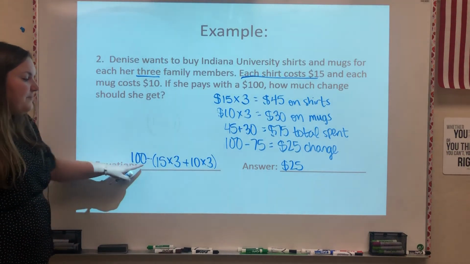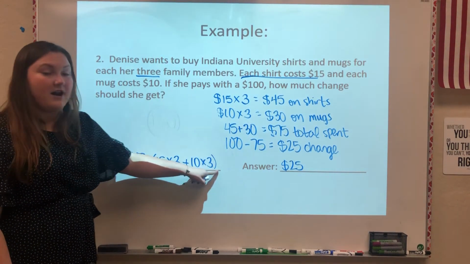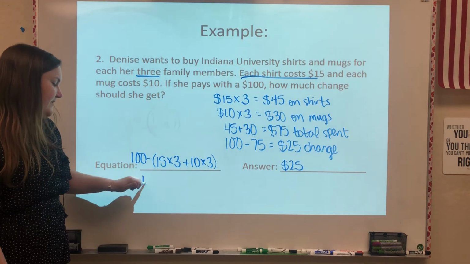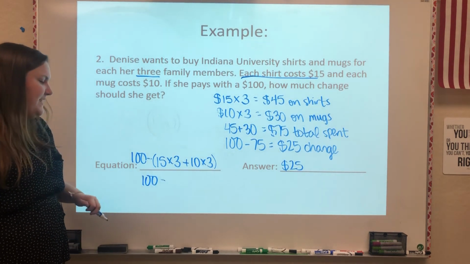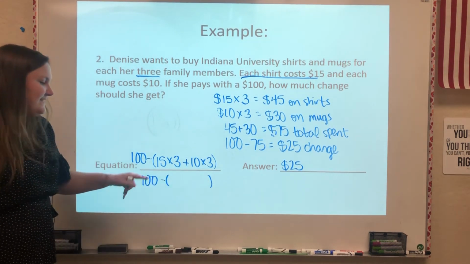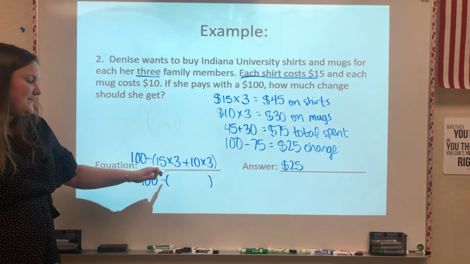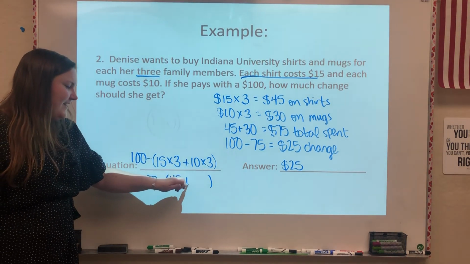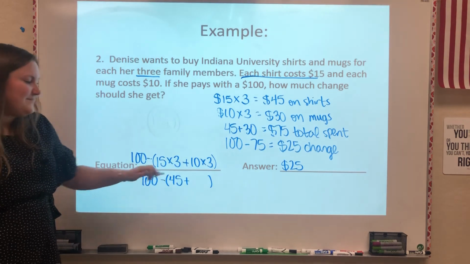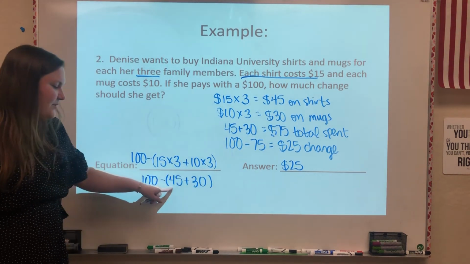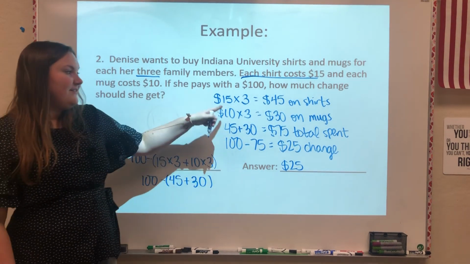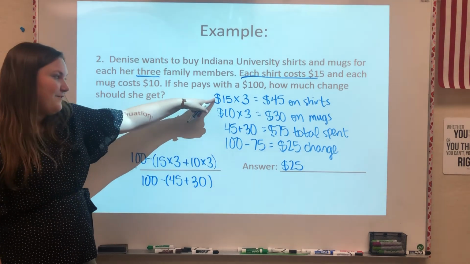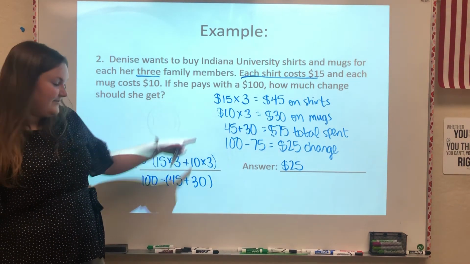Those parentheses are also really important when it comes to doing the math. If I gave you a problem like this, we would want to start off inside those parentheses. So that 100 minus would just come down. And then in the parentheses, if I start with the multiplication, 15 times 3 is 45. And then the other multiplication, 10 times 3 is 30. Notice we get 45 plus 30. That's just saying the 45 on the shirts plus the $30 on the mugs.